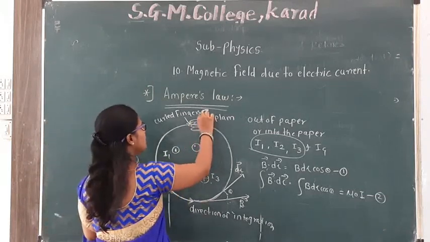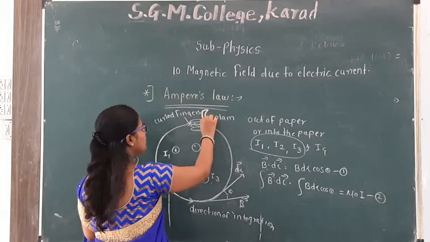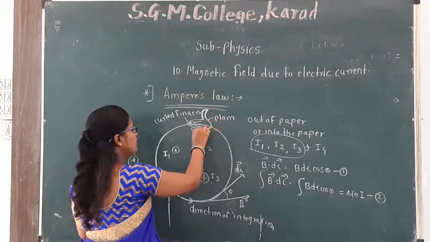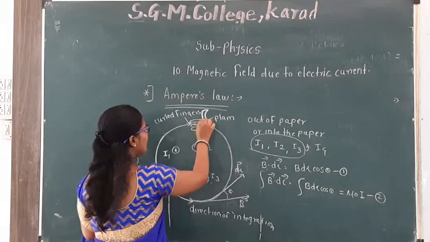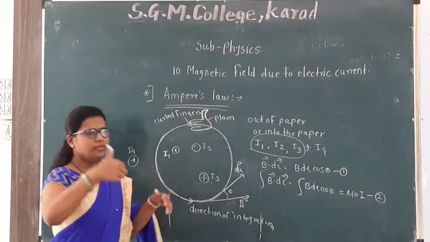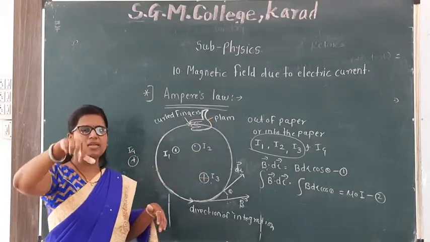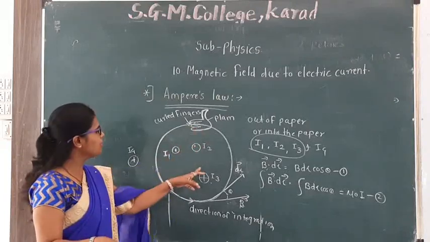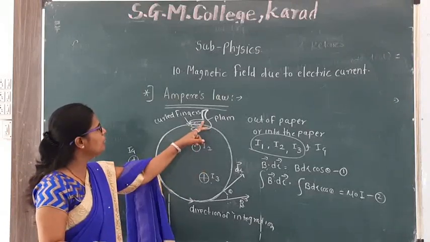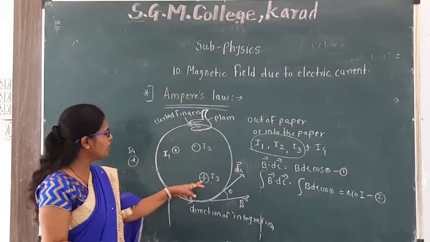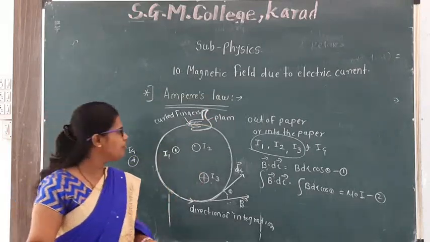When the current is along the outstretched thumb, it is positive, and when it is opposite to the outstretched thumb, the current is negative.